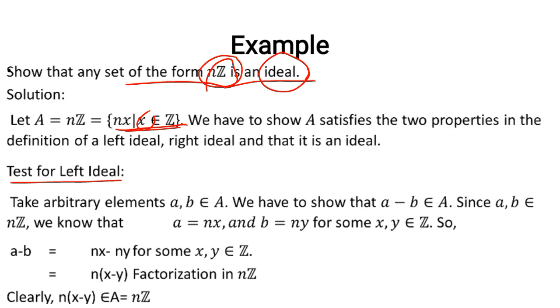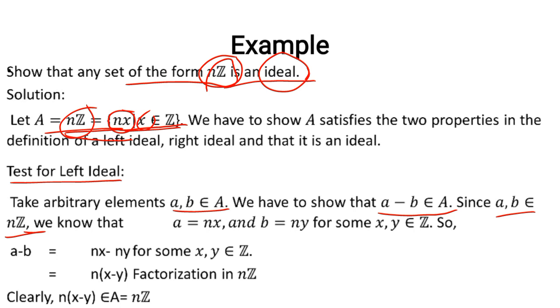We have chosen two arbitrary elements a, b in A, but we know A is the set, so every element in this set looks like this. So we just choose a and b. We need to show that a minus b gives us a result back in A. Now a, b are from the multiples of n, not integers modulo n, but multiples of n.